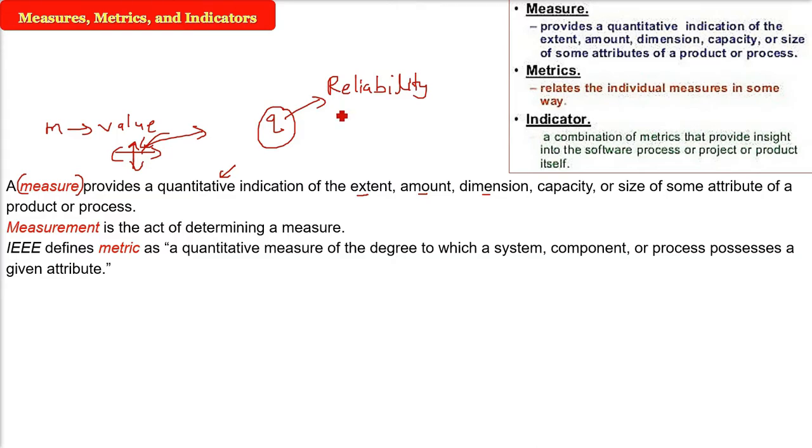So a quantitative measure of the degree to which the system, so just understand we are talking about a system or a component or a process. Now, it can be anything. So for this reliability in that system or component, what is the quantitative measure of the degree to which this attribute is present in that component.